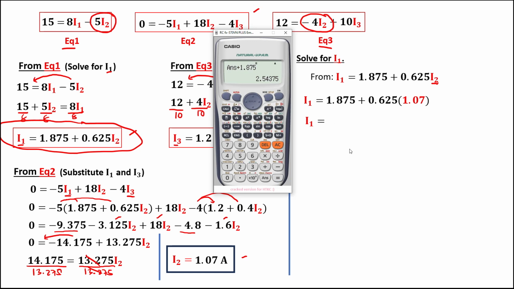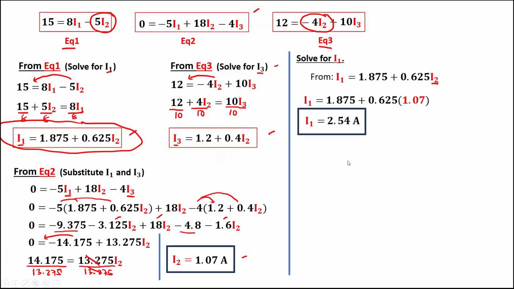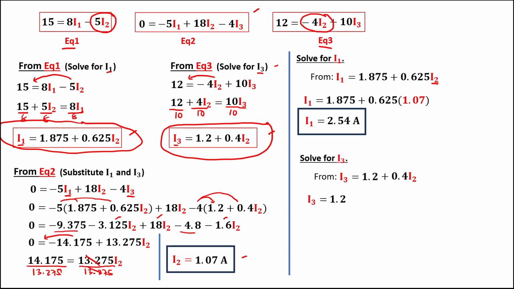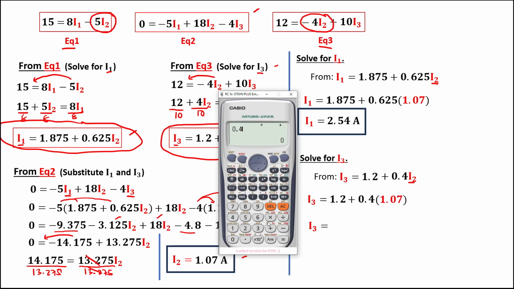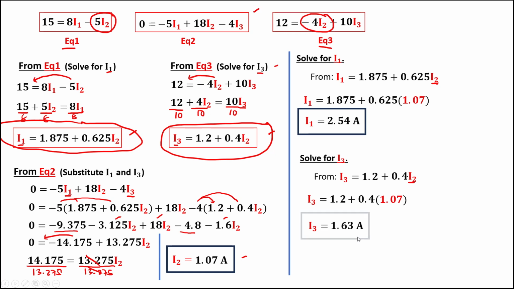So for current 1, that's 2.54 amps. Then to solve for current 3, using this equation, substitute the value for current 2, that's 1.07. So current 3 equals 0.4 times 1.07 plus 1.2. So for current 3, that's 1.63 amps.